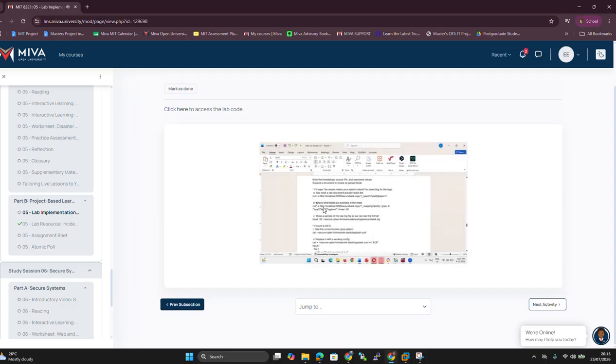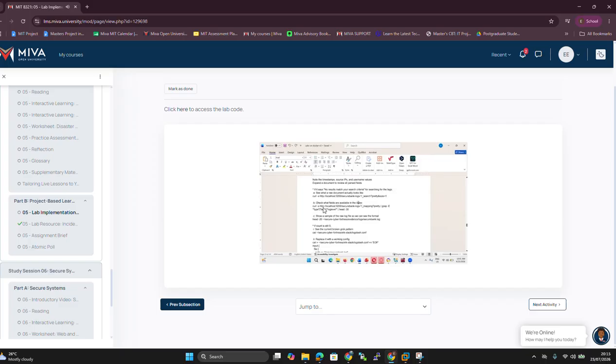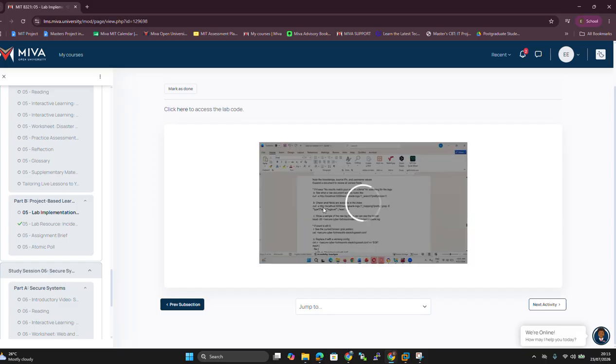And then B is to check if the fields are available in the index by just taking this to your terminal and then dumping.